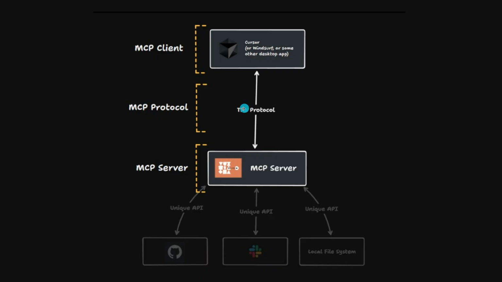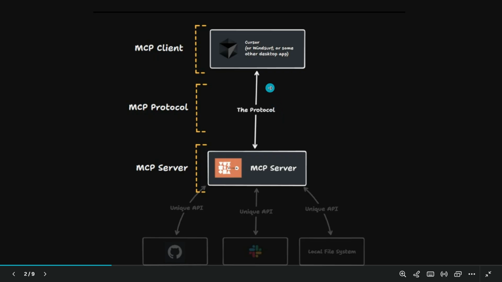And then the transport protocol, or how the client and the server exchange the messages, is basically of two types. You have the STDIO, which is mainly for local servers, like the file system. And then you have the server sent events, SSE, for hosted servers.